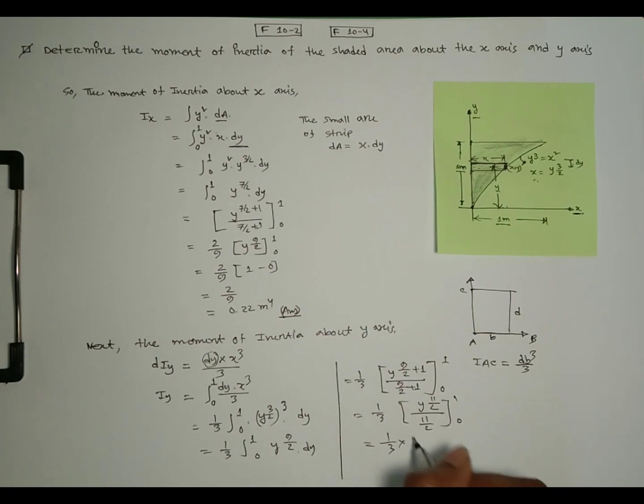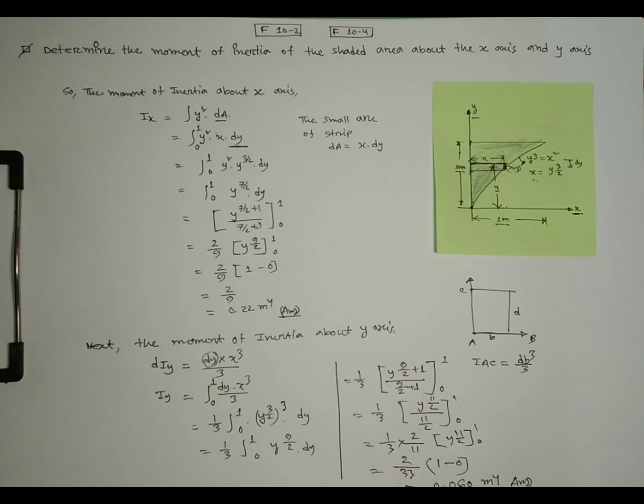One by 3, 2 by 11, and y to the power 11 by 2, upper limit 1, lower limit 0. So 2 by 3 into 11, which is 33, upper limit 1 minus 0. So this will be 0.060 meter to the power 4. So this is the answer.